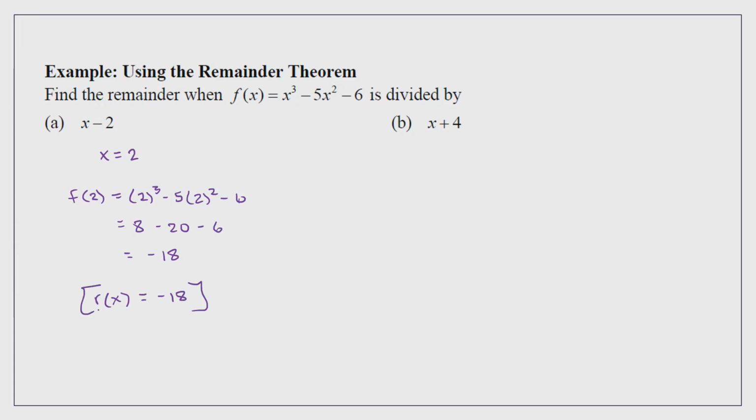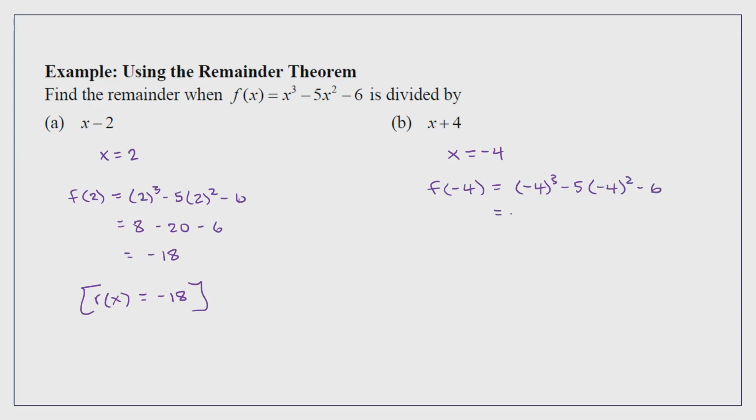All right. Find the remainder when f of x is divided by x plus 4. So we'll take our factor, set it to 0, and so x is going to equal negative 4. And we'll now evaluate our f of x when x is negative 4 by substituting in negative 4 for the variable x.